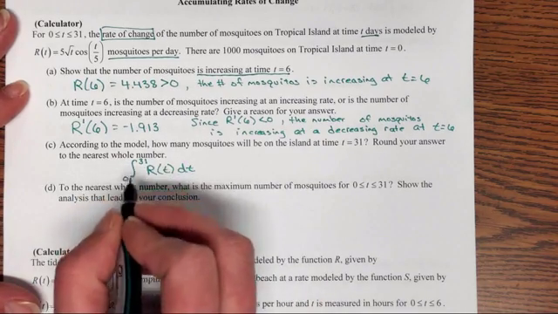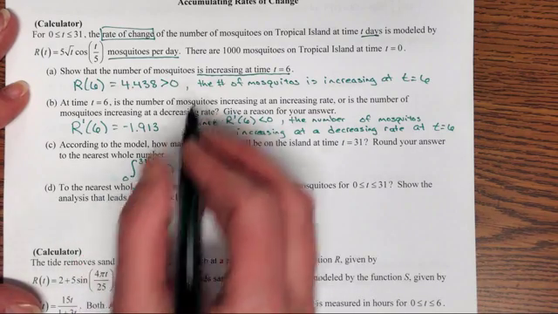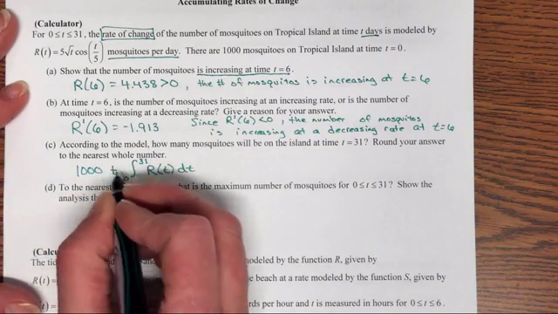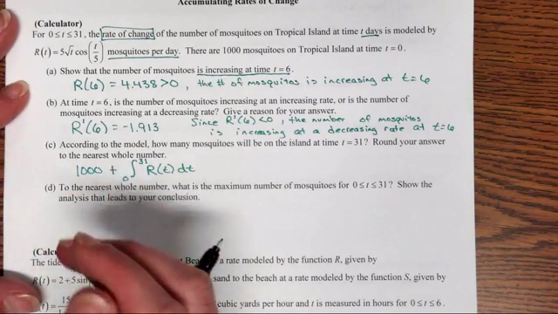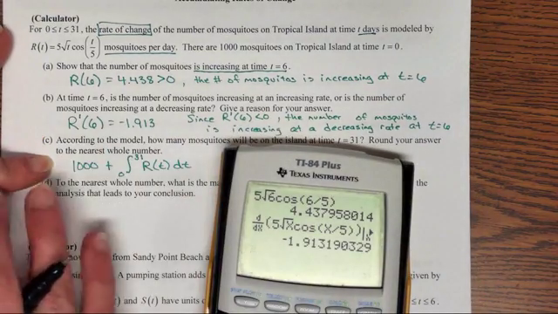That gives me the total amount of mosquitoes added between 0 and 31. But remember, we started with 1,000 mosquitoes. They were already there.